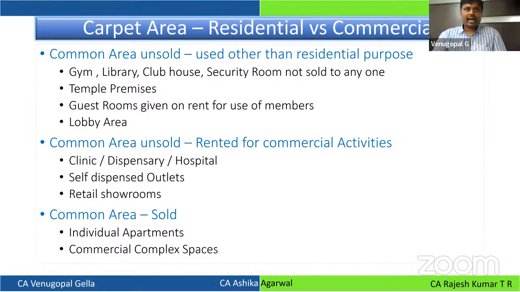Sir, I would like to add a point here. The next question: the change in use. I have constructed it as residential, but the buyer has converted it to commercial. I did not sell it as commercial. My plan was less than 15%. I have sold it as residential, but he is using it as commercial.